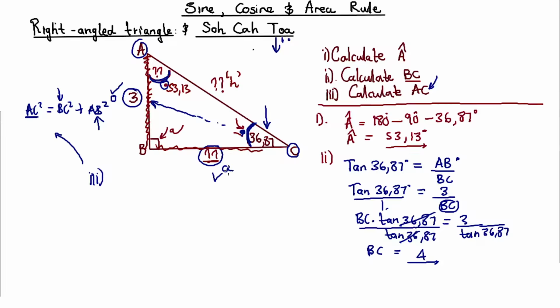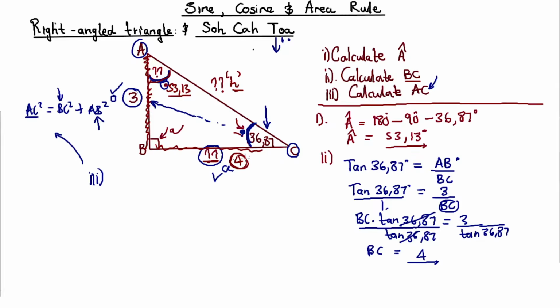But I want the hypotenuse. Let's say I'm referencing A and working with the opposite side, BC, the length we just calculated.